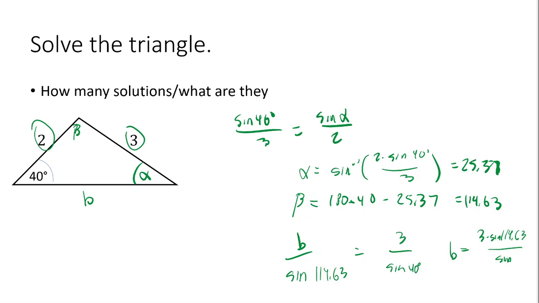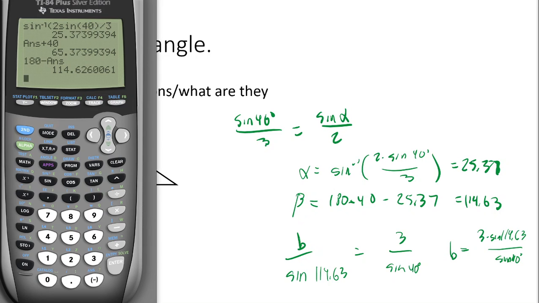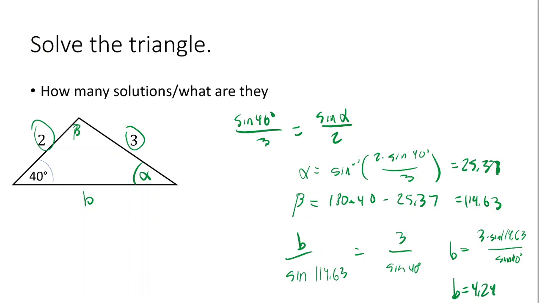Now again, we're not going to use 114.63. We're going to use the value that's in our calculator. So 3 times the sine of that answer divided by the sine of 40. Okay, 4.24. So B is 4.24. So this is a single triangle, and we have that side length and these two angles.